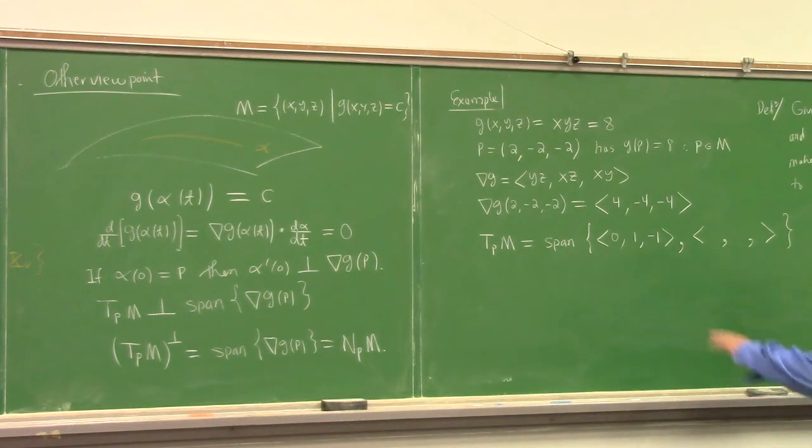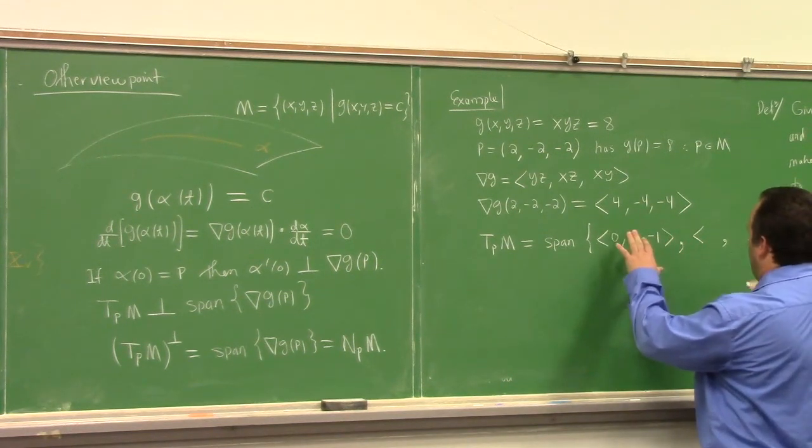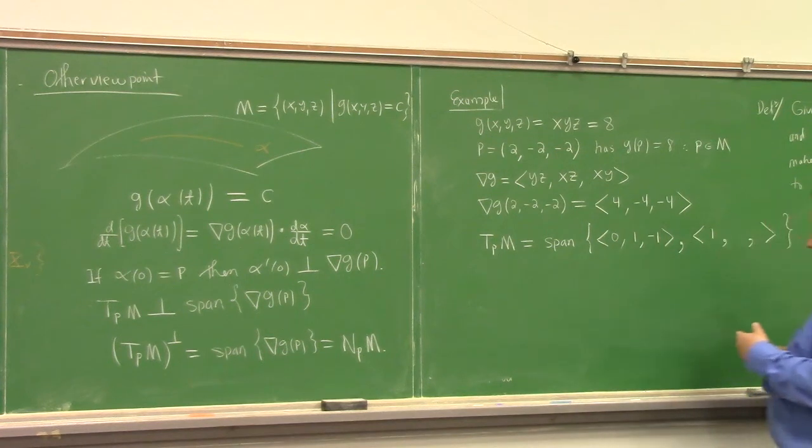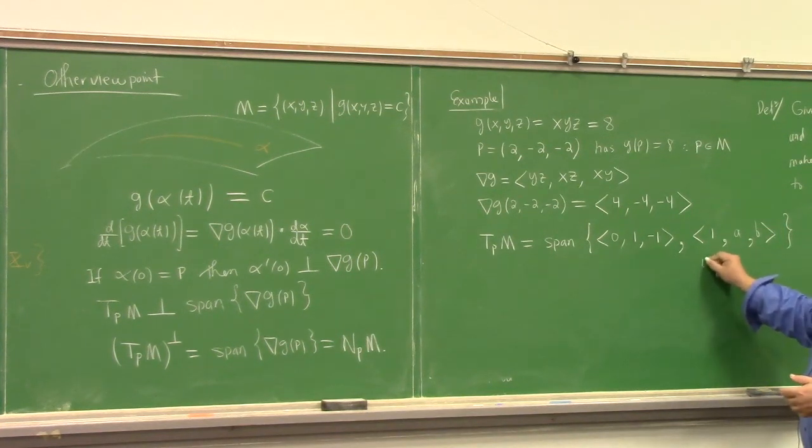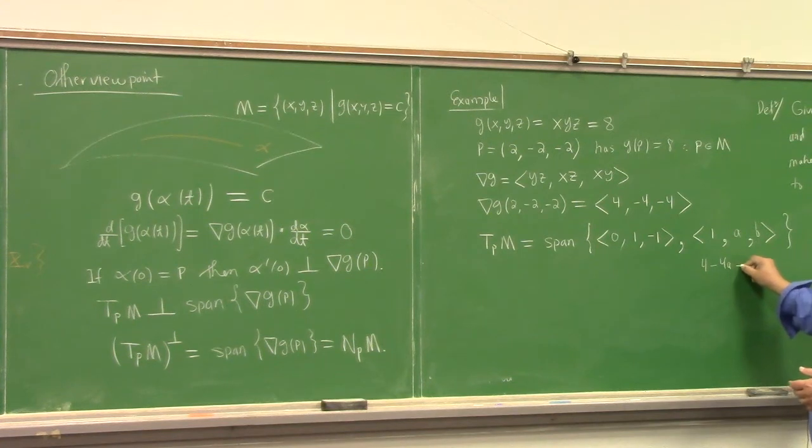So I'm going to start out with a 1 here, and since I can't quite see it in my mind, I'll put A, B there just to work it out. So what do I need? I need 4 minus 4A minus 4B equal to 0, because the dot product of this and that is this.